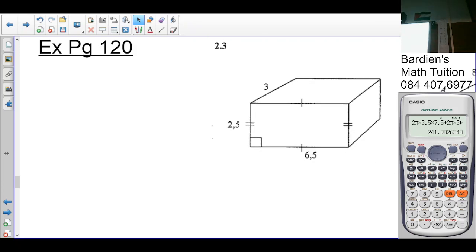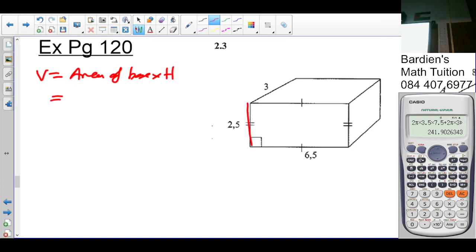Alright, total surface, the volume. How do you calculate the volume? Area of base times height. What type of shape is the base? Rectangular base. How do you calculate the area of a rectangle? Length times breadth times the depth of the object.